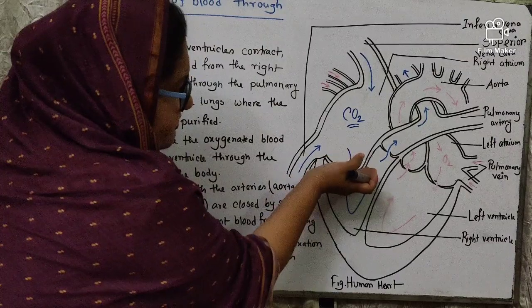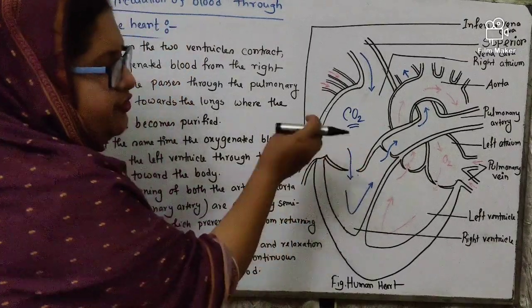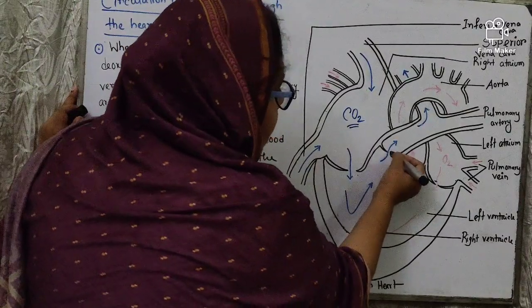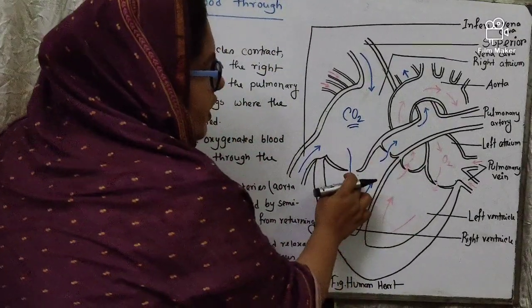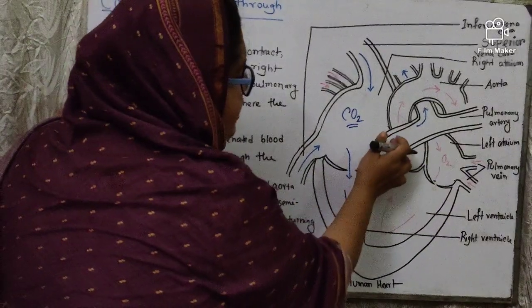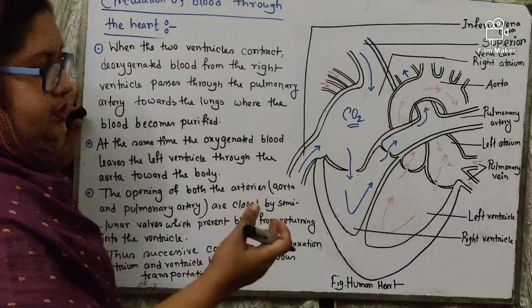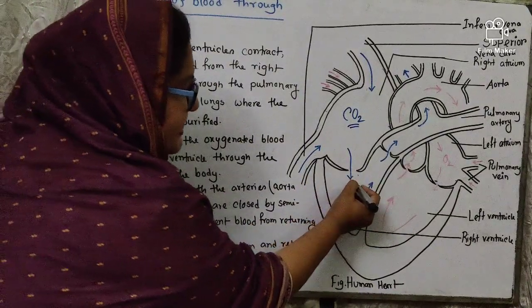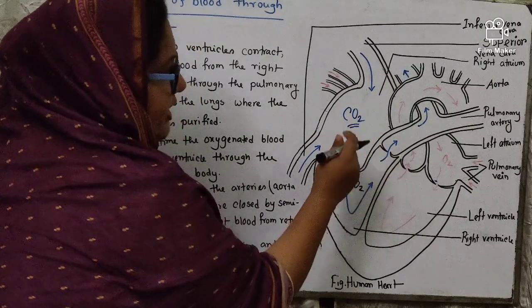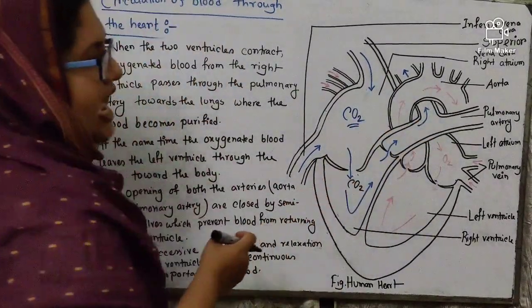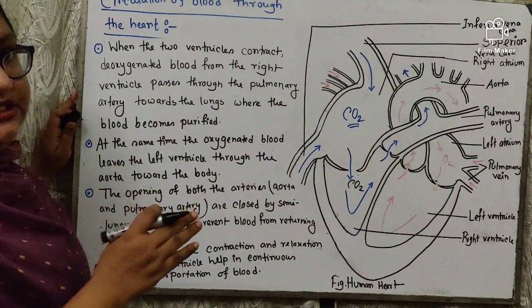At this time, the tricuspid valve remains closed. That is why only the semilunar valve, which is situated in between the right ventricle and the pulmonary artery, remains open. So at that time, the carbon dioxide enriched blood enters into the pulmonary artery and goes to the lungs.